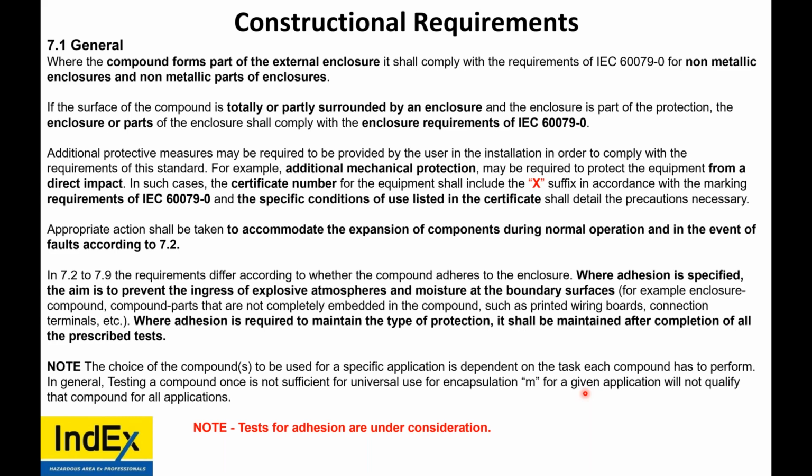If the surface of the compound is totally or partially surrounded by an enclosure and the enclosure is part of the protection, the enclosure shall meet the requirements of 60079-0. So the very first slide I showed you with the junction box with the compound inside, that's the second half of that sentence, or the second sentence there. Totally surrounded by an enclosure.